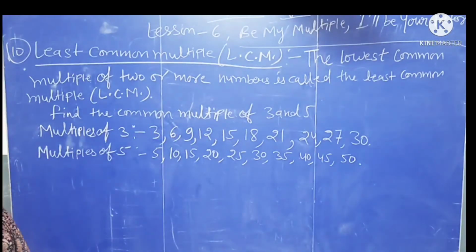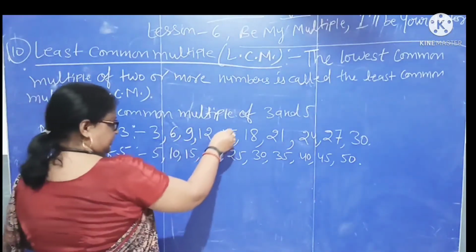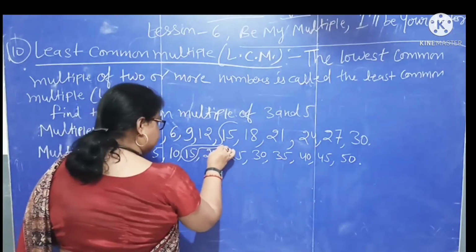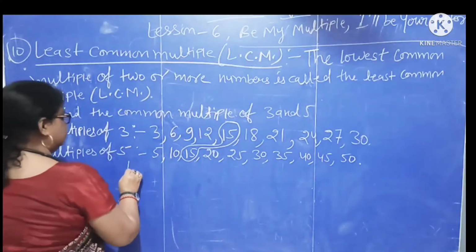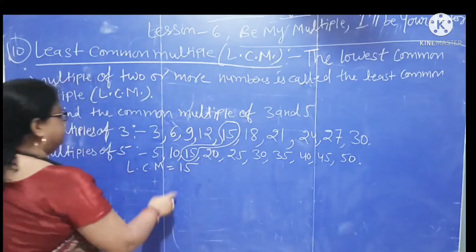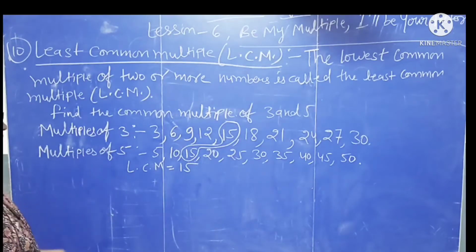So in this example we have to find the least common multiple. So 15 is the least number common to both. So LCM is 15. 15 is the LCM of 3 and 5.